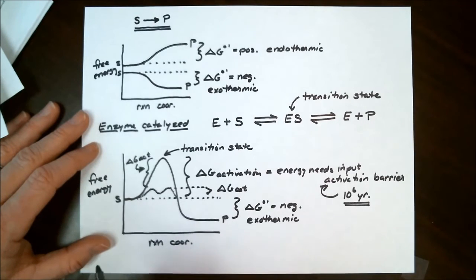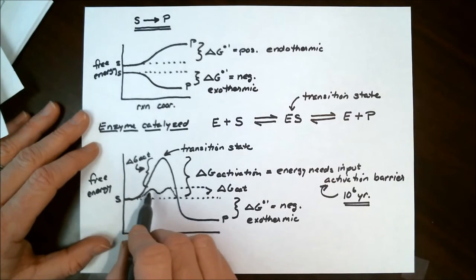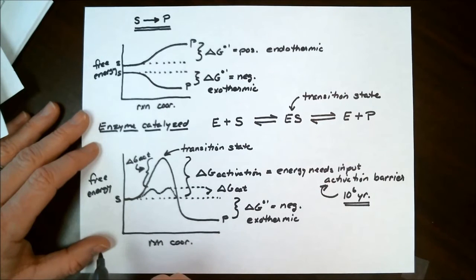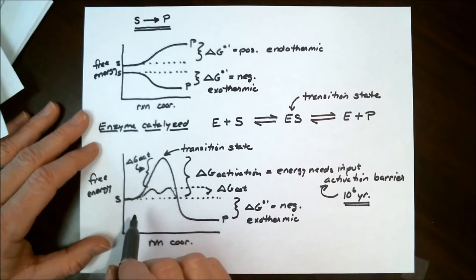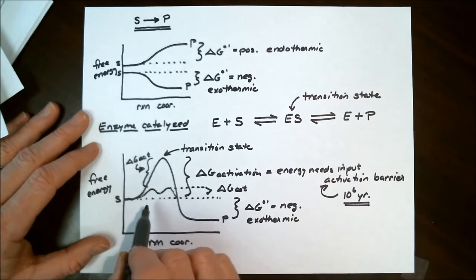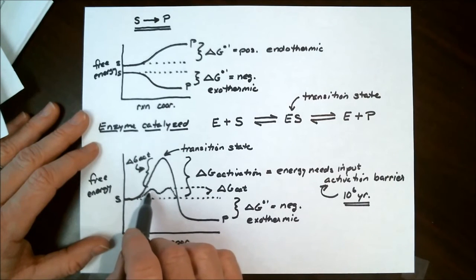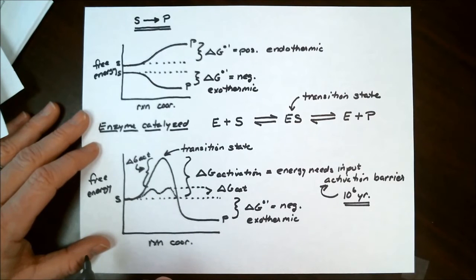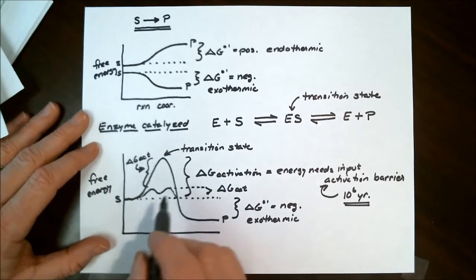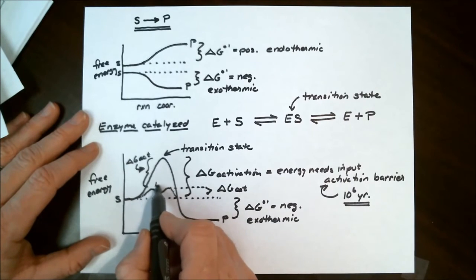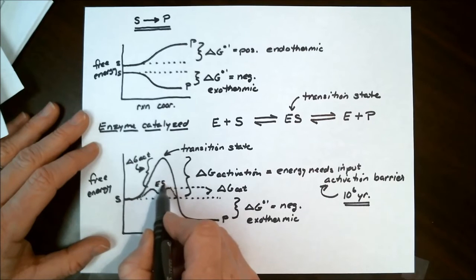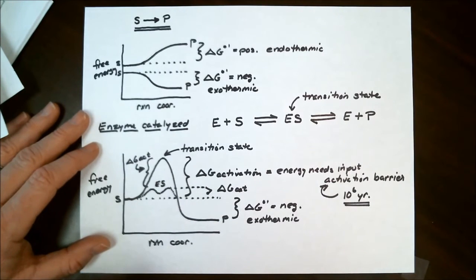So for example, heat inside our bodies is warmer than the environment, so that extra heat can be used in this reaction. The bonding of the substrate to the enzyme is going to give off sufficient energy that it will help reduce this delta G activation. Now this little trough in here is the transition state of an enzyme catalyzed reaction.